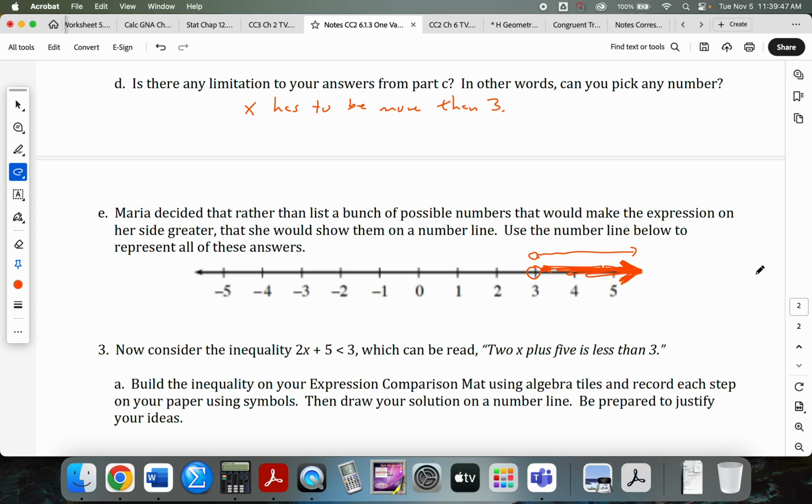Either of those is fine with me. So we could write this as x has to be greater than 3.